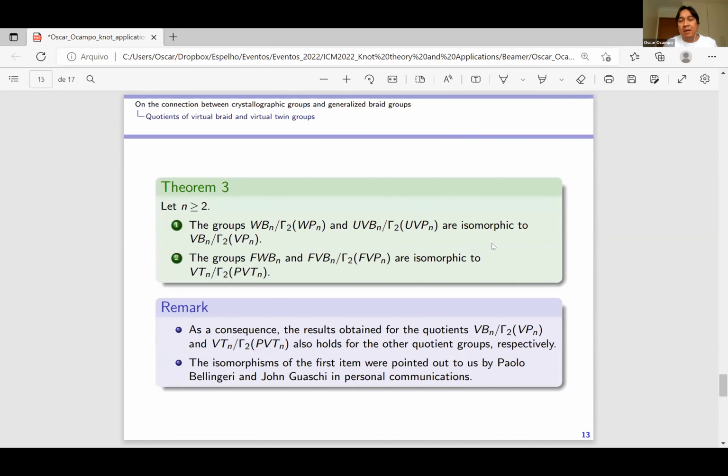So we have the same information. The isomorphism for the case of virtual braid groups was pointed out to us by Paolo Bellingeri and John Guaschi in personal communications. And so we don't need to consider separately these groups to study it, and also for the case of the others that are related to the virtual twin groups.